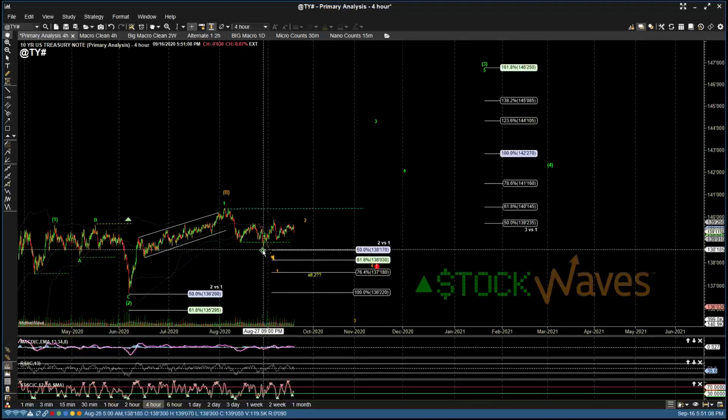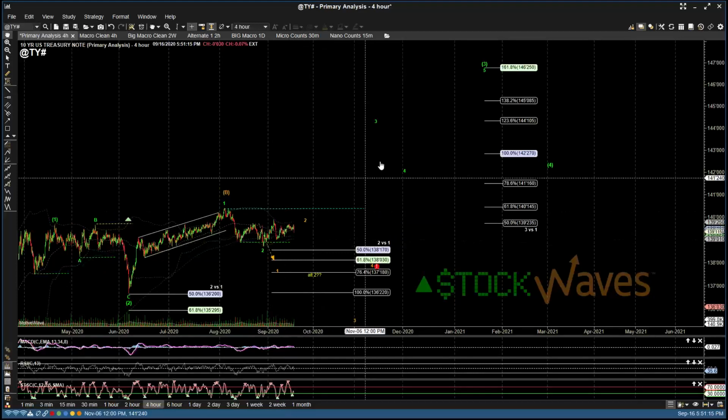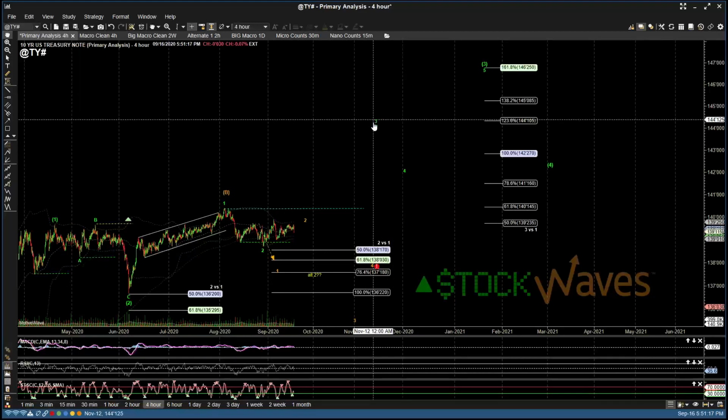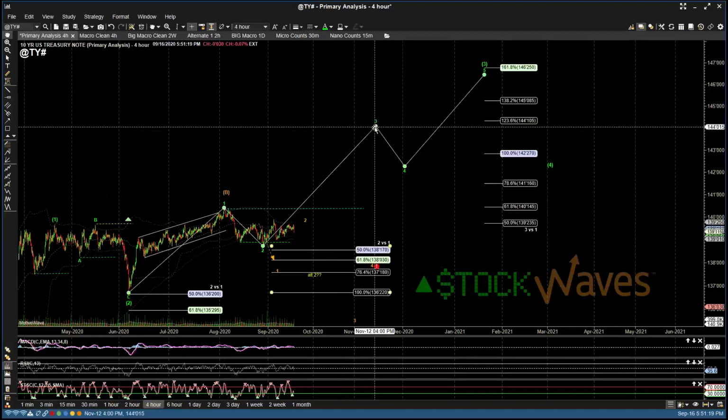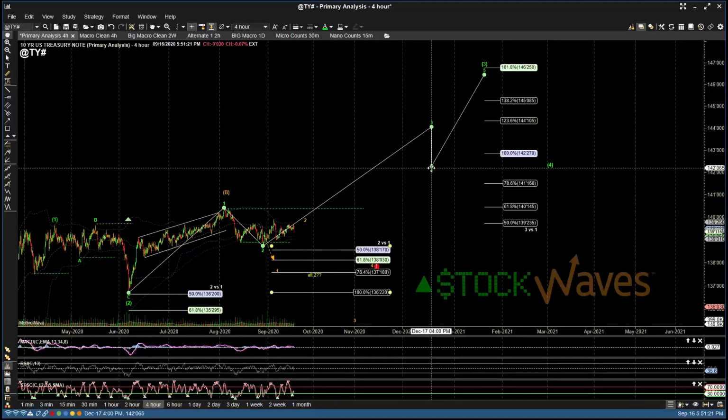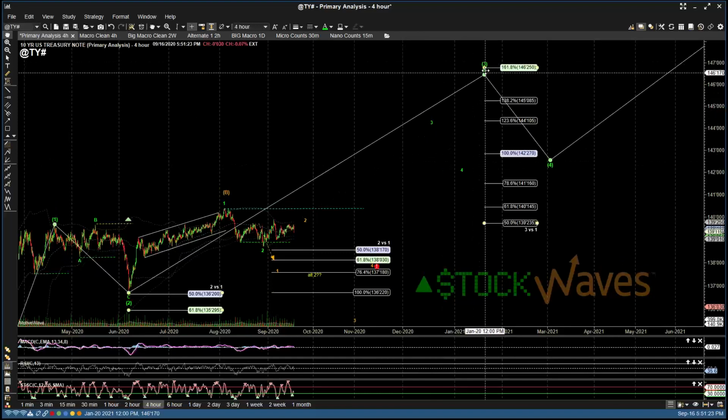So if it's going to hold, I think they really need to hold the recent lows. This is the 138.23 level, and start to break over some resistance to be significantly bullish again. And it would be pretty bullish if that is the case.